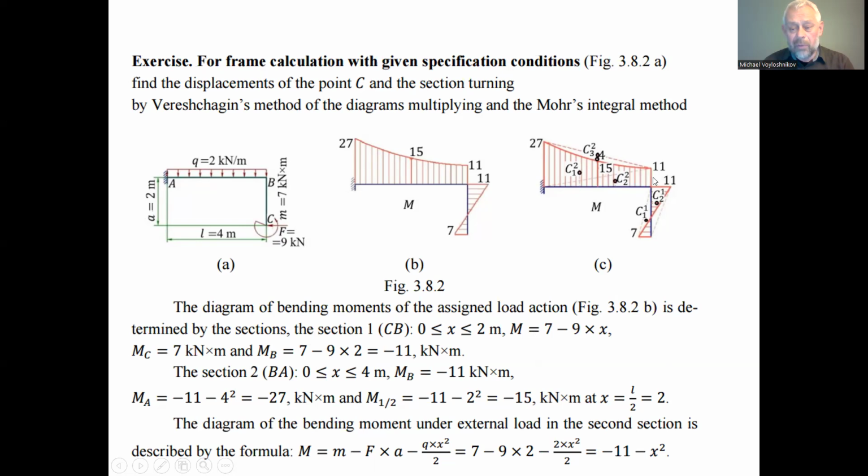We have to find the areas of 3 segments: a triangle-shaped segment with a base of 27 and h of 4 meters, the length of the AB element of the mechanical system, and the second triangular segment of the bending moment diagram with base 11 and h of 4 meters as well. 4 meters we can see on the assigned draft of the mechanical system.